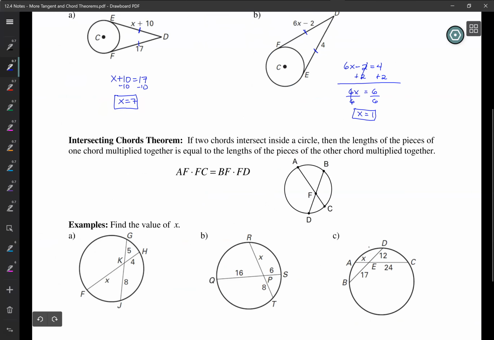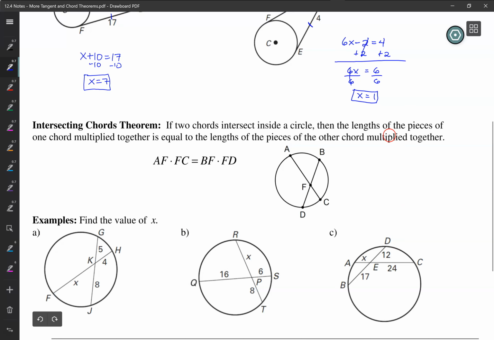And what it says is when you have that happen, the lengths of the pieces of one chord, so piece AF times FC, this one times that one, the two pieces of one chord. So AC is the whole chord, but it's been cut into two pieces. AF and FC are the two pieces.